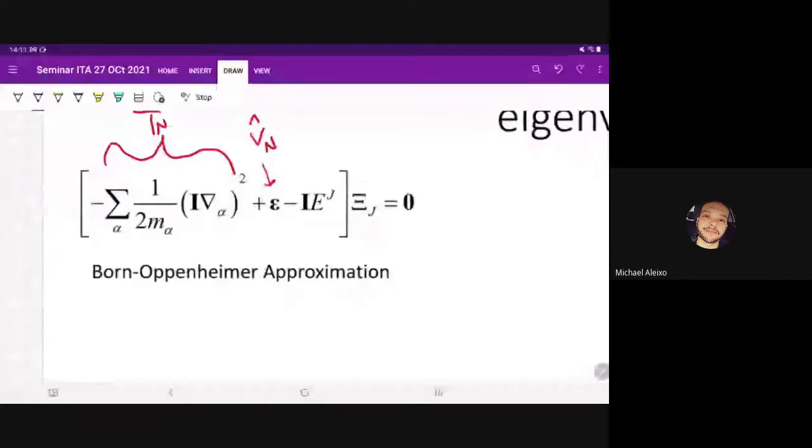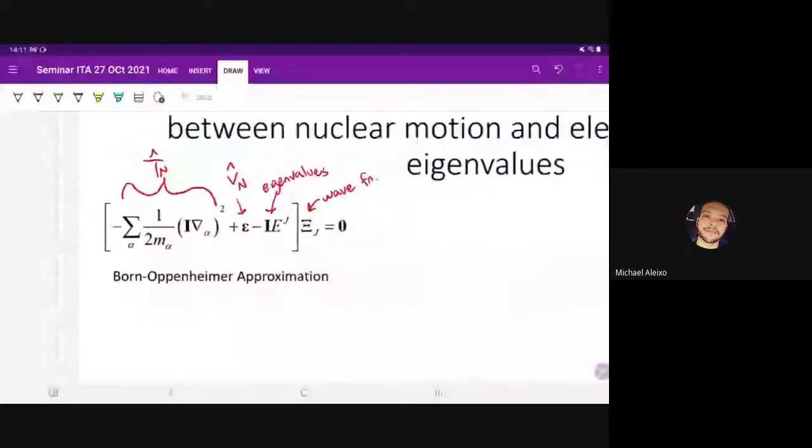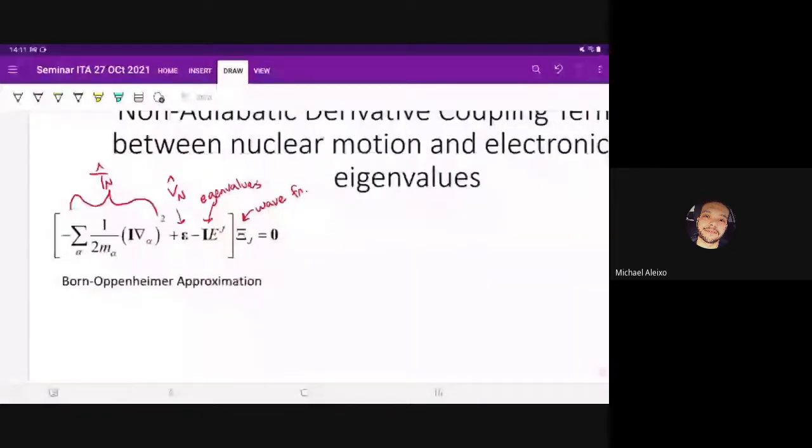And that actually has buried inside it the eigenvalues from the electronic Schrödinger equation. So they are buried in there. And then we have our eigenvalues, and of course our wave functions. All right, so hopefully this looks a little bit familiar. And I'm calling this the Born-Oppenheimer approximation, and I will make clear why that is in just a minute.